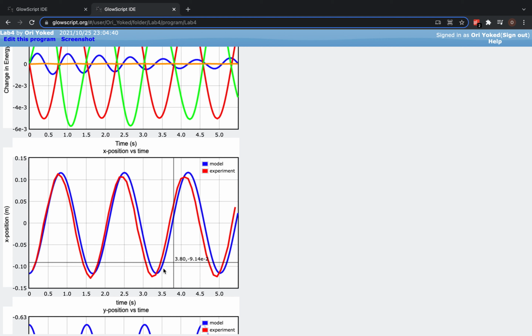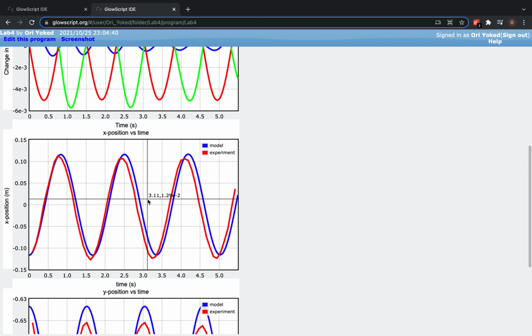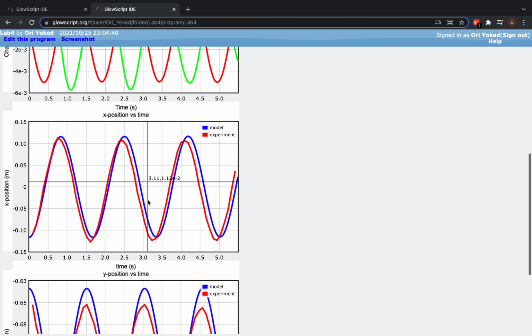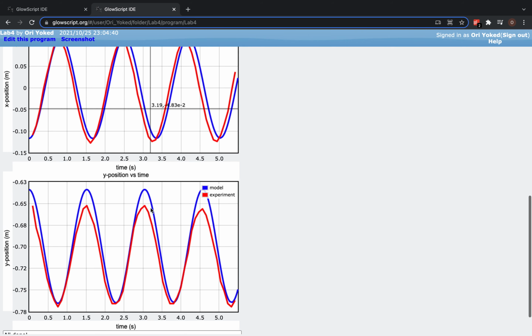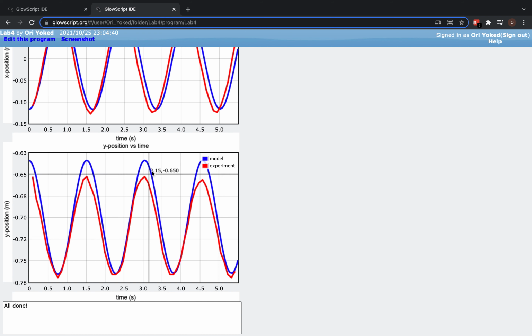And then here is the difference between the model and experiment position versus time. The experiment position versus time can be a little bit different from the model. This could be because I used the y oscillating period and not the x. And then here we can see that the model and experiment are also pretty similar, but the model has higher maximums, which could be as a result of some inaccuracy in the starting displacement.